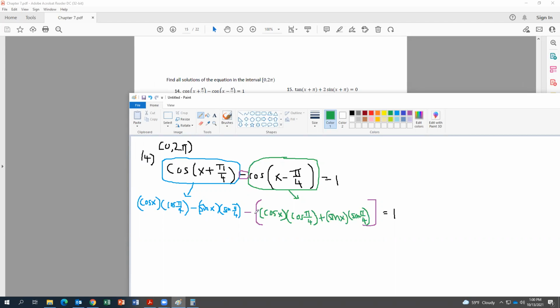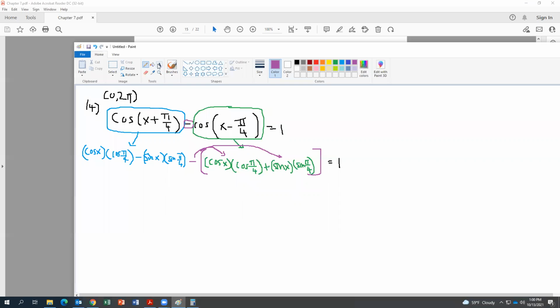So this negative you will distribute. Can someone tell me what happens when you distribute your negative? This term will become negative. Then what happens to your sine x, sine pi over 4? This term will also become negative.